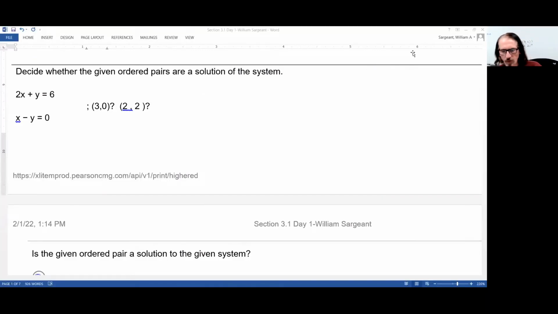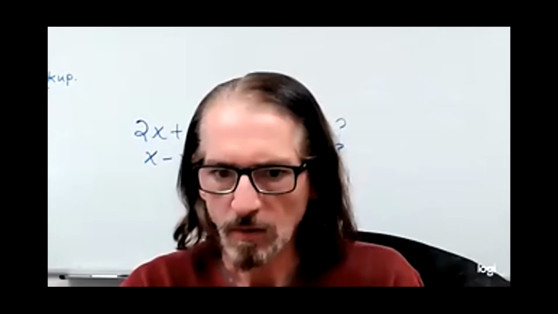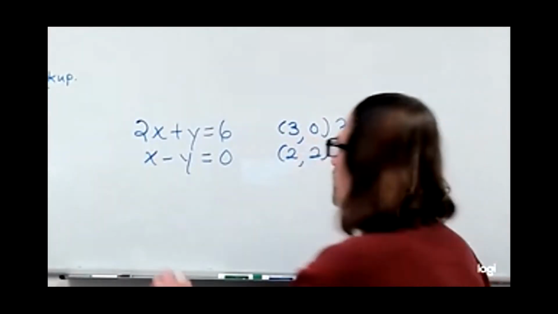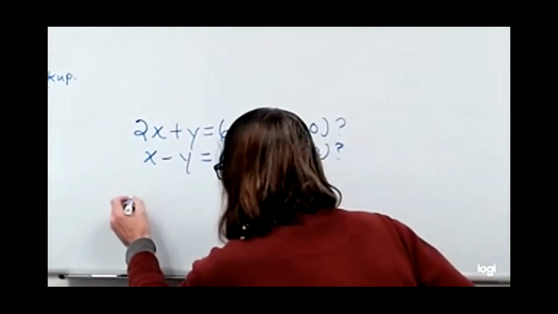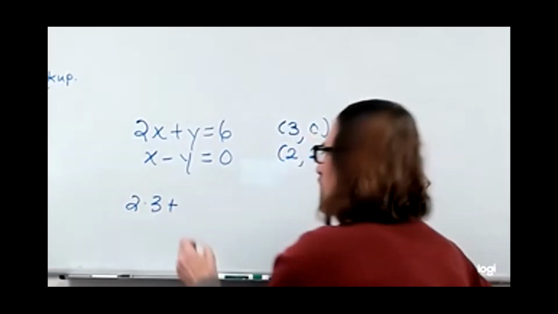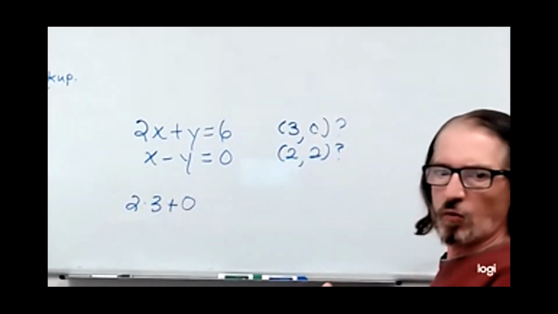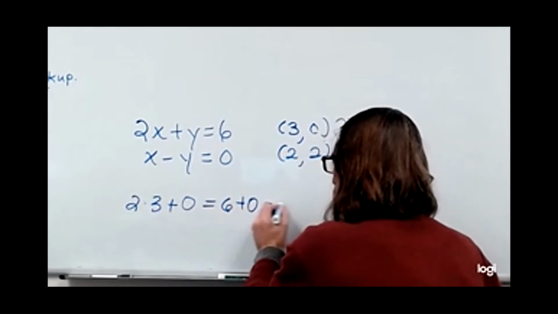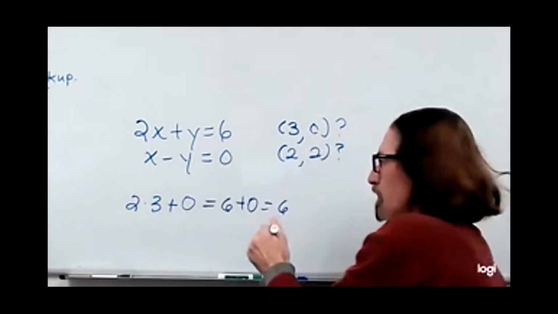In this question, we are asked whether or not these two different ordered pairs are solutions to the system. All this takes is arithmetic to check. For the first ordered pair, put in 3 for x in the first equation and 0 for y. Do the arithmetic according to the order of operations. You get 6 plus 0 equals 6, which is what we wanted.